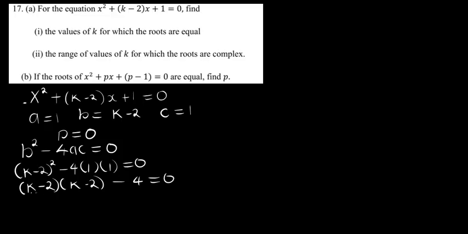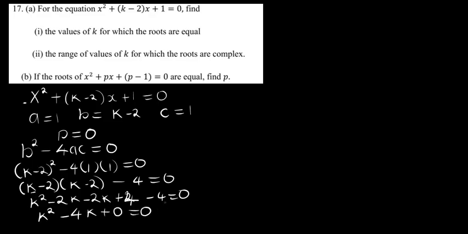So k times k is k squared, then k times negative 2 is negative 2k, then negative 2 times k is negative 2k, and negative 2 times negative 2 is positive 4. Minus 4 equal to 0. So you have k squared minus 4k equal to 0.